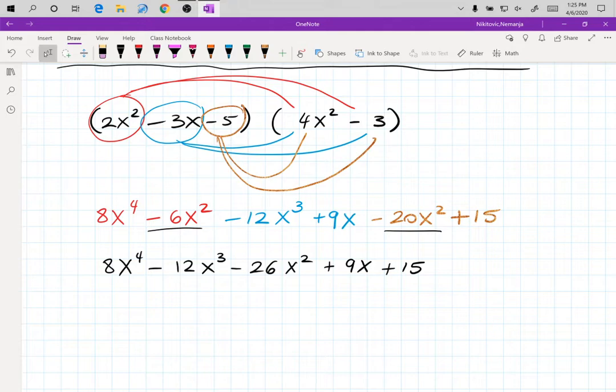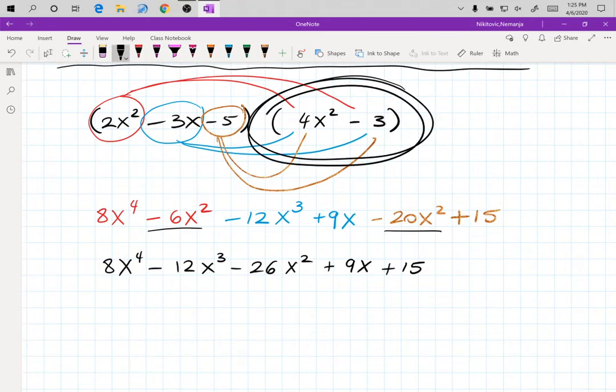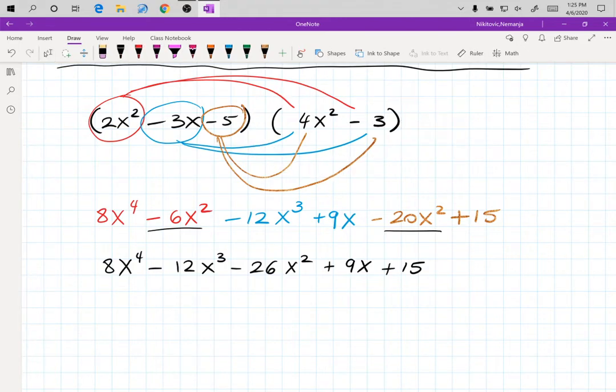Okay. Now, one more thing that I want to talk about when you get problems like this. It's easier to work these problems out, and it's less confusing when you have the parenthesis with less terms first.